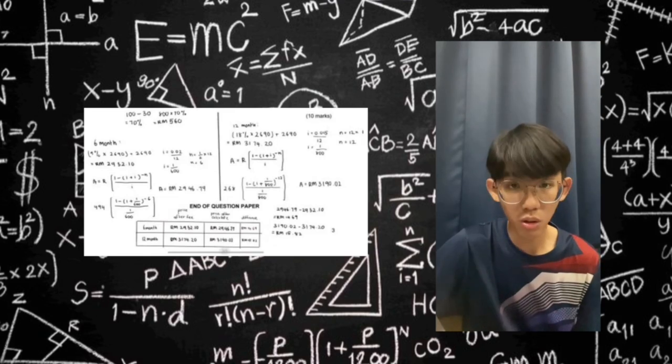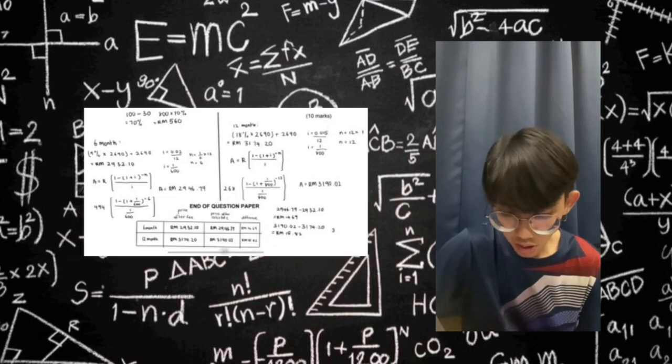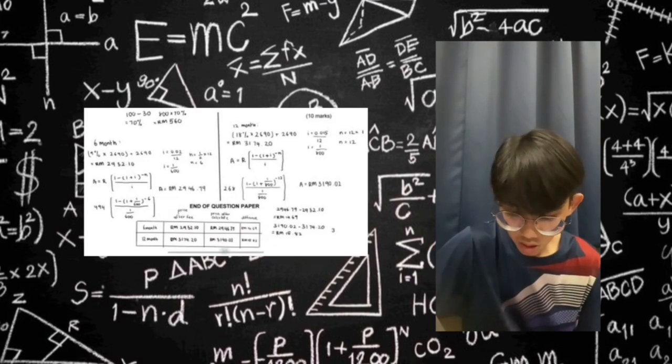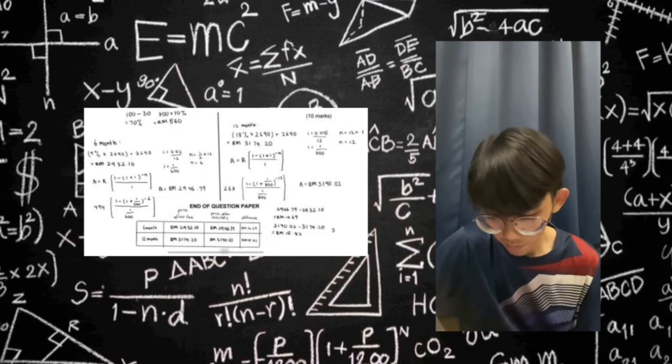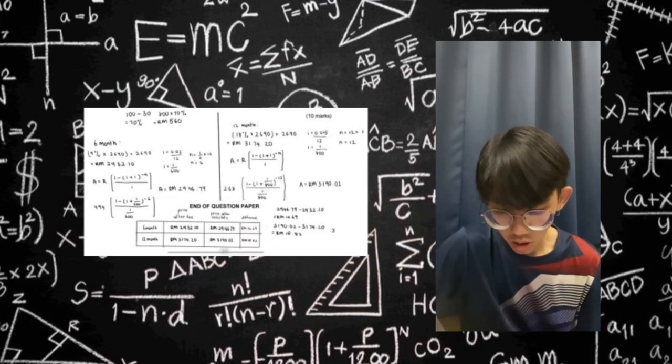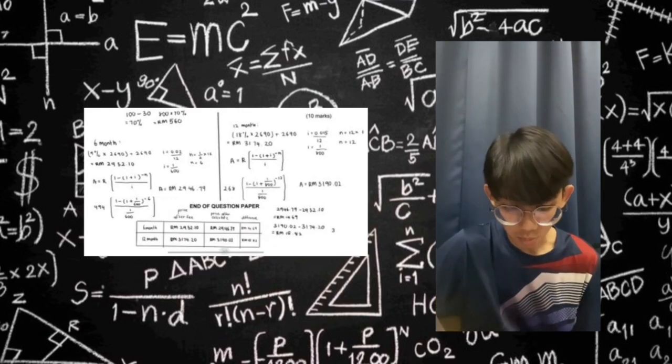The n is 12 times 1 year, so for the n we get 12. For the R we use this, and we put it in the formula, and we get RM 3,190.20.